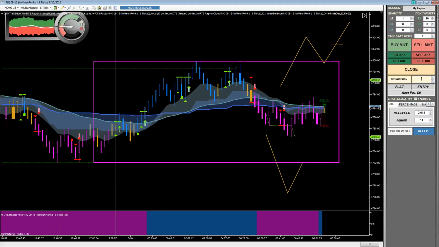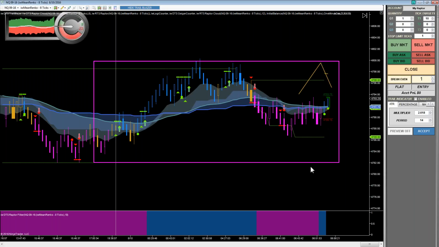Alternatively, and your DTS and Raptor systems aren't going to produce signals for these, but you can look to sell the top end of the trading range, so you can look for a chance to short here, or you can look to buy the bottom end of the trading range, stop it, and you can look to buy there.